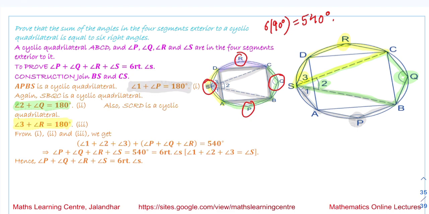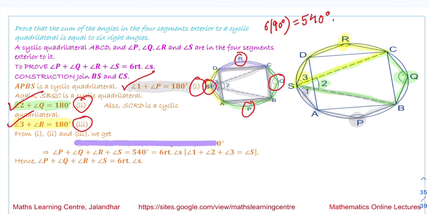So we have three equations over here: equation number 1, equation number 2 and equation number 3. If we add all these three equations, we get angle 1 plus angle 2 plus angle 3 plus angle P plus Q plus R equal to 540 degrees.